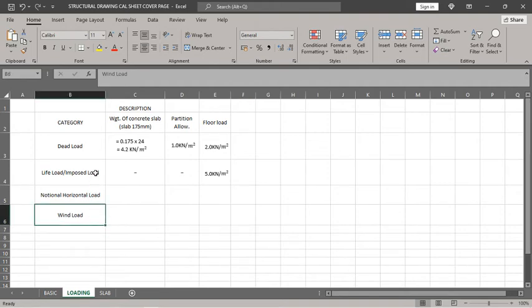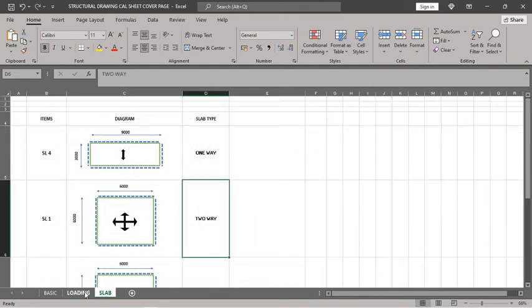Now this wind load might not apply in this particular structure because we are only up to 5 storey, and then the climate that we are in, which is Nigeria, wind load is not that heavy. So that is why I have this notional load which we will use in place of the wind load, because that is what the code recommends. But like I said, we are dealing with slab first, so that's why I limited it.